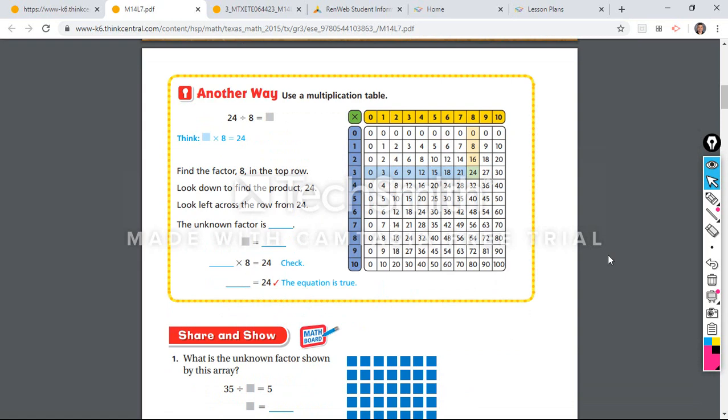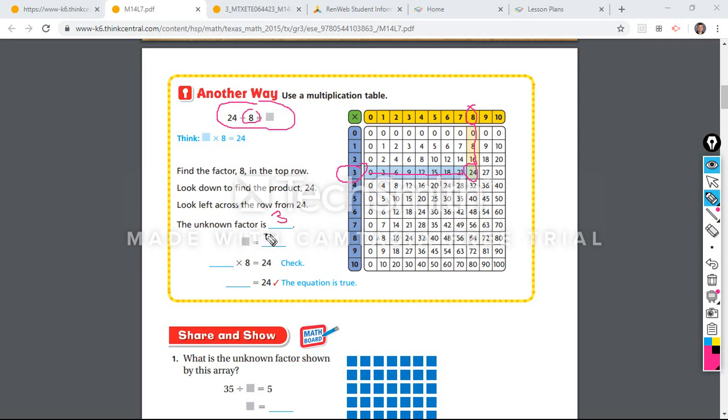We can also use a multiplication table, like so. This one's easy to do. So we're solving for the symbol of the square. So 24 divided by 8, okay? So we find the factor 8. Here it is. And go down until you find the product 24, and here it is. So now I'll go across, and I'll find the unknown factor. So 8, 24, my unknown factor is 3.